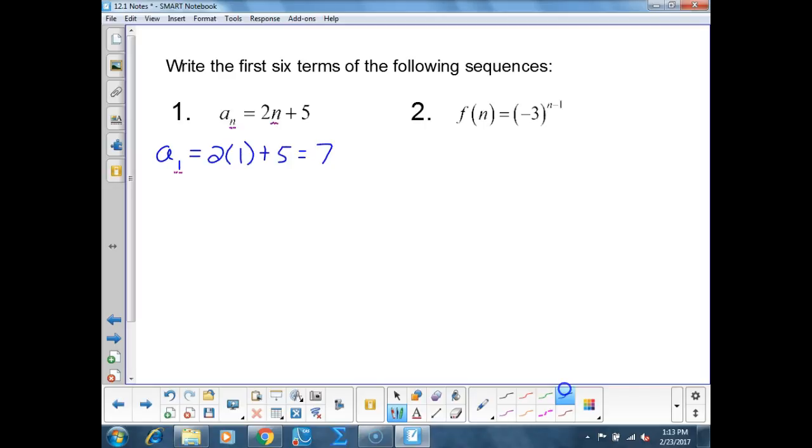So my first term is 7. Then you go on and find the second term. Now, n is 2. So this becomes 2 times 2 plus 5, which is 9. And you repeat that process until you get the first 6 terms.